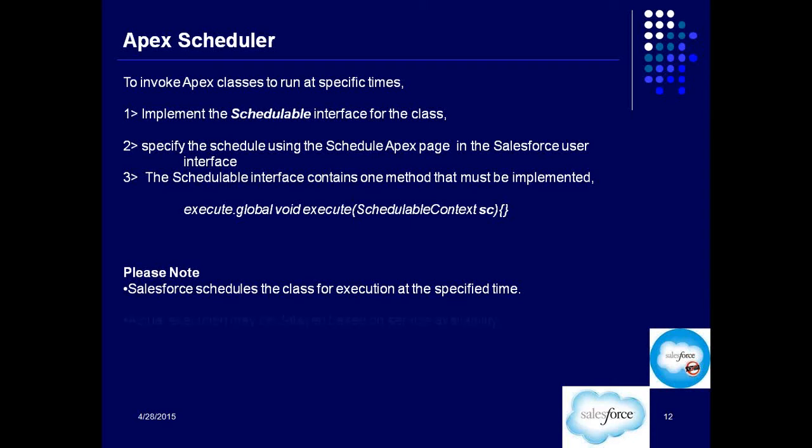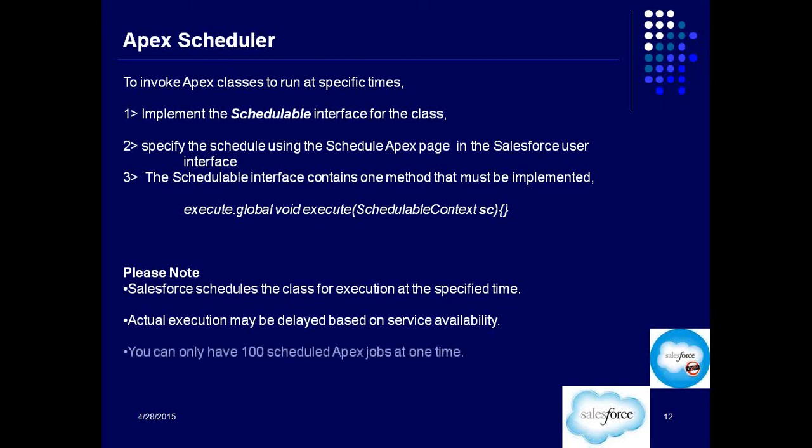Actual execution may be delayed based on service availability. Though you define a specified time, if your resources are not available, then your action can get delayed because this is all asynchronous. If you have defined Friday 9 p.m., it does not mean that it will run exactly at 9 p.m. Sometimes if resources are not available at that point of time, it might get delayed a bit, but overall it will get executed.